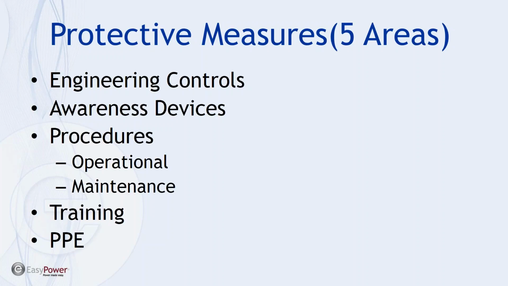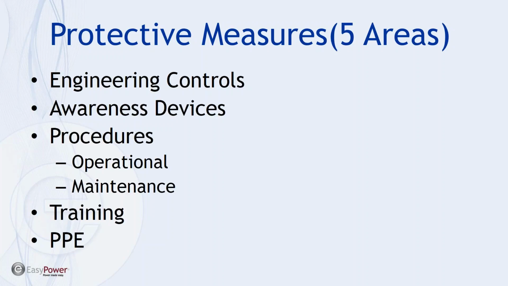Awareness devices, clearly indicating and giving more information not only to the workers in the area, but anyone that may be entering the area, in terms of changing processes or procedures because of a hazardous work in process. A lot of emphasis on maintenance, a lot of emphasis on training, and then the last consideration, and this is emphasized multiple times in NFPA 70E, is the focus on PPE itself.